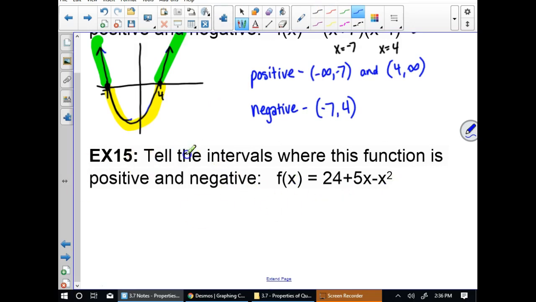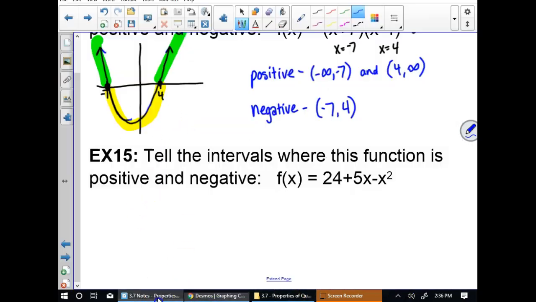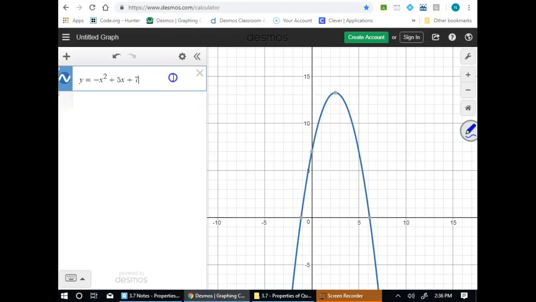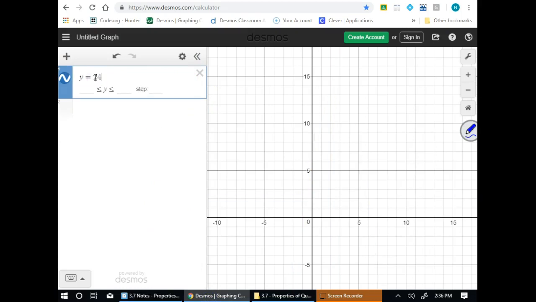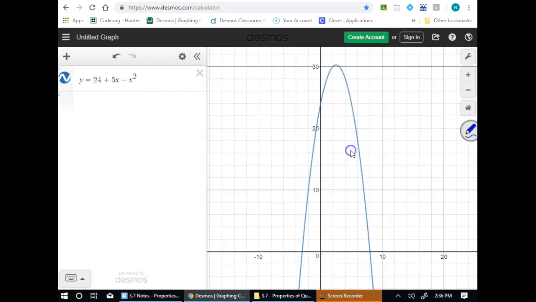This next one, we're supposed to tell where the intervals are where this function is positive and negative. Let's graph this one in Desmos. So we have 24 plus 5x minus x squared. We'll zoom out a little bit here.